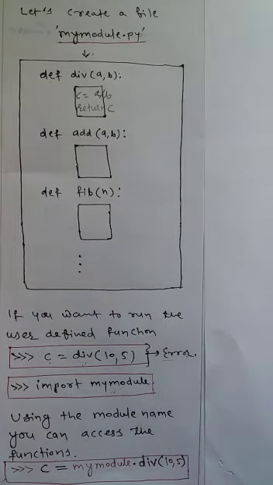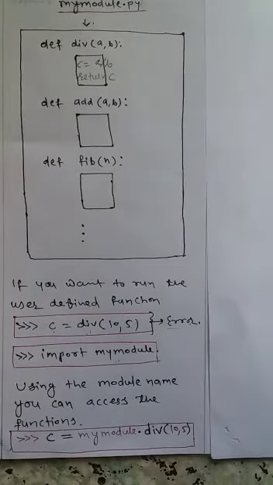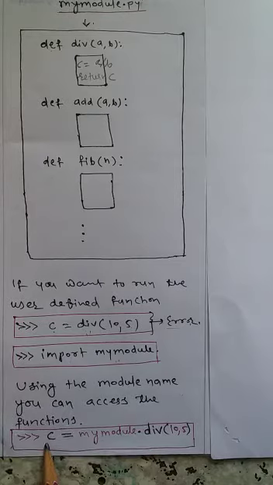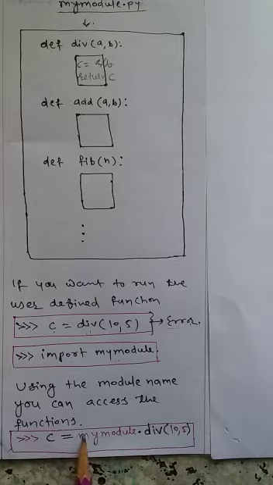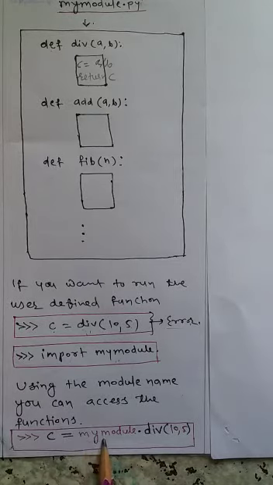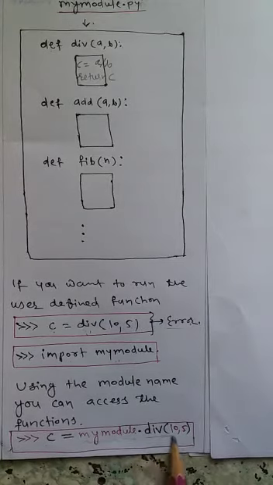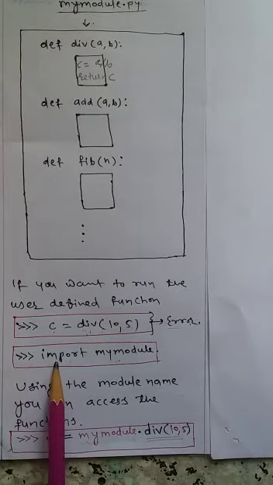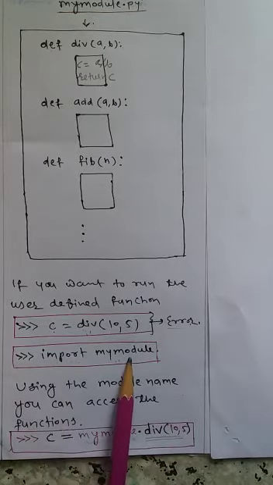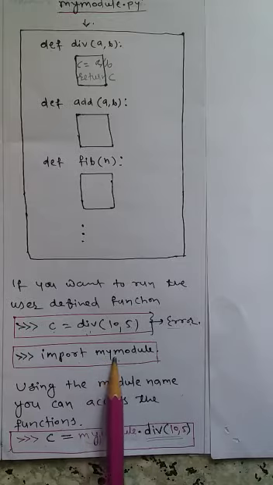For that we write c is equal to, where c is the variable in which we will store the result. We first write the name of the module and then the function from the module which you want to access. After importing, use the name of the module to access the function stored in the module.